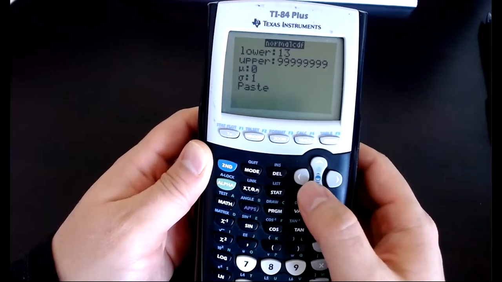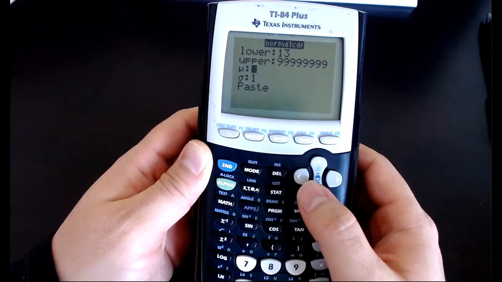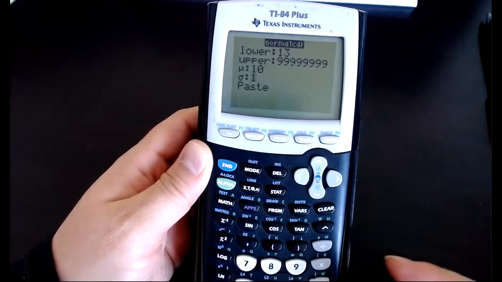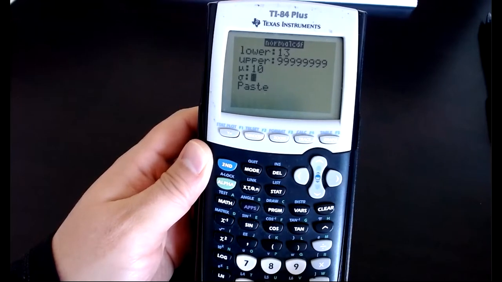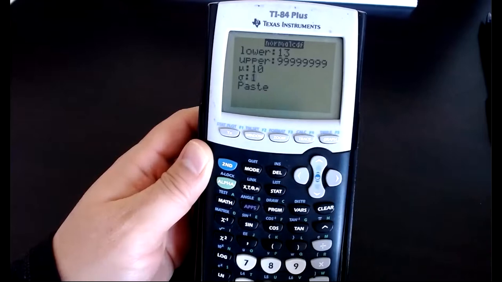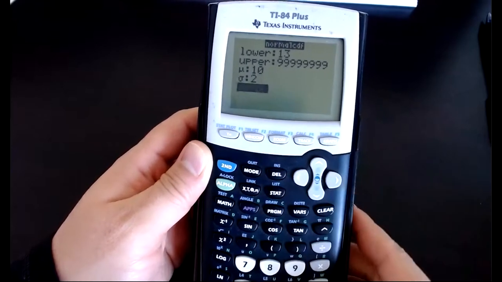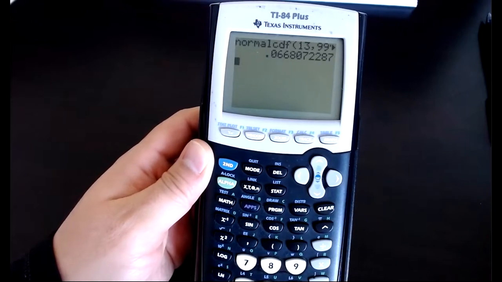Since the problem says the mean is 10 milliamperes, mu is 10, and sigma is the standard deviation. The standard deviation is the square root of the variance. The problem says the variance is 4 milliamperes squared, so the standard deviation must be 2. Then we paste this, and you get 0.0668.